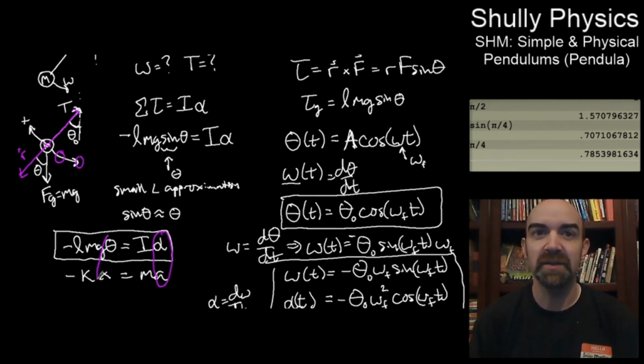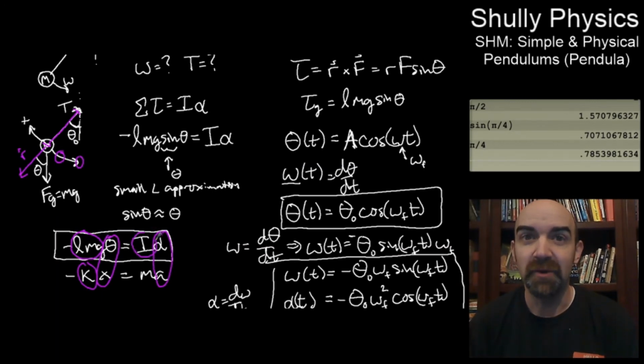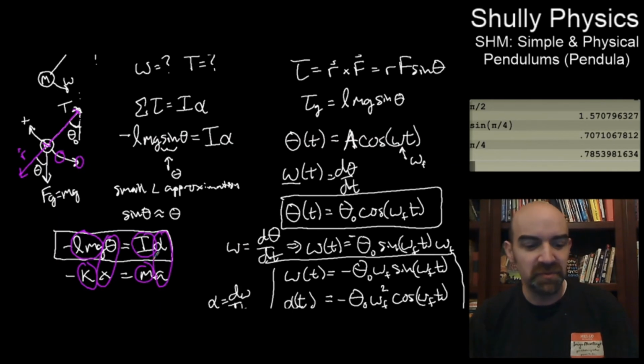You've got an angular displacement that corresponds to a translational displacement, and this k over here is a constant, and LMG is a bunch of constants. I corresponds to m as a rotational analog. So all these forms fit. I think we're ready to work this through.